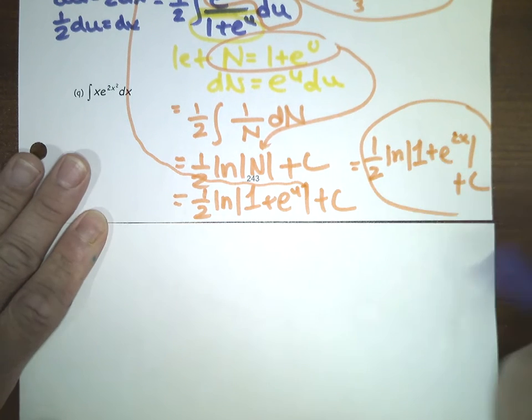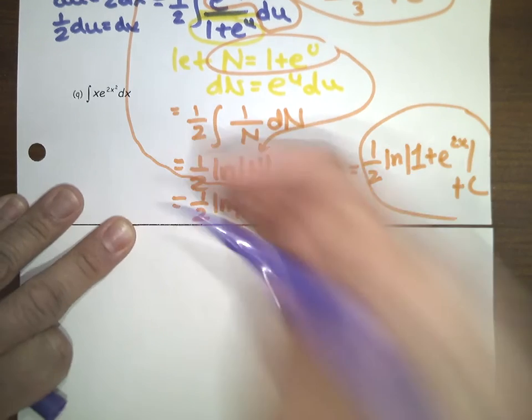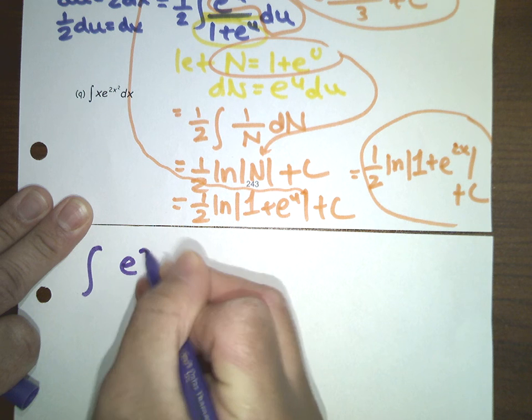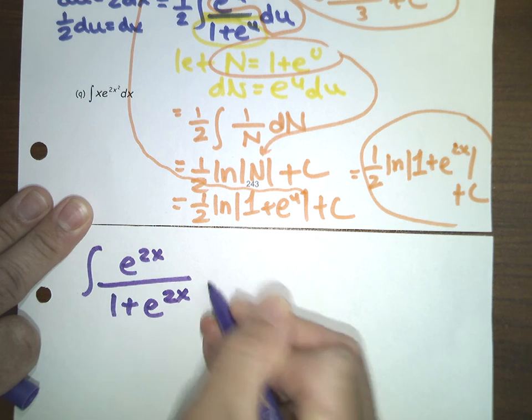So, let's see. Yeah, so now, let me write down the problem again. Integral of e to 2x over 1 plus e to 2x dx.